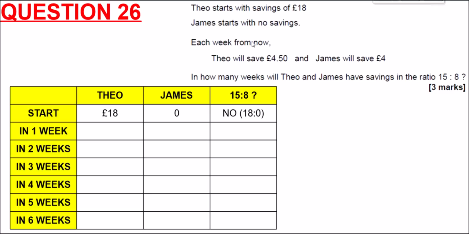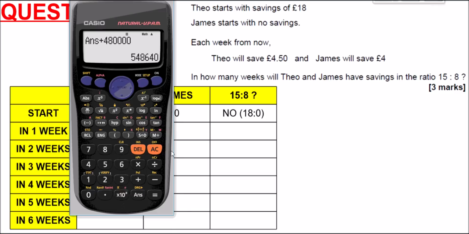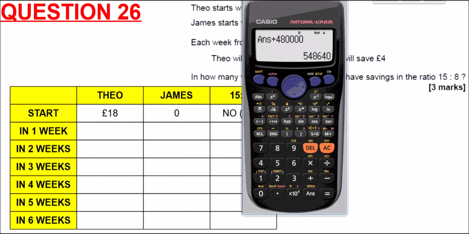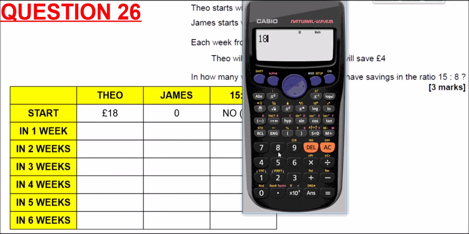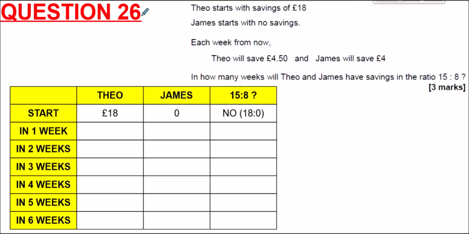So after 1 week, Theo will save £4.50. So in 1 week's time, Theo's savings will be £18 that you started with, plus an extra £4.50. So Theo, after 1 week, will have £22.50, whereas James will have £4.